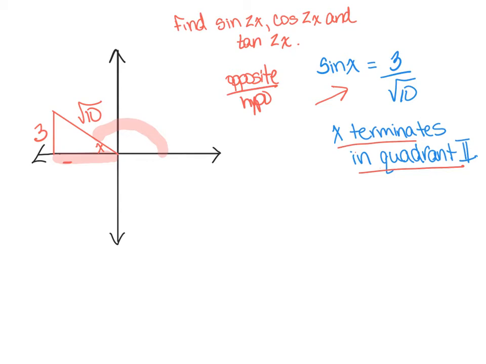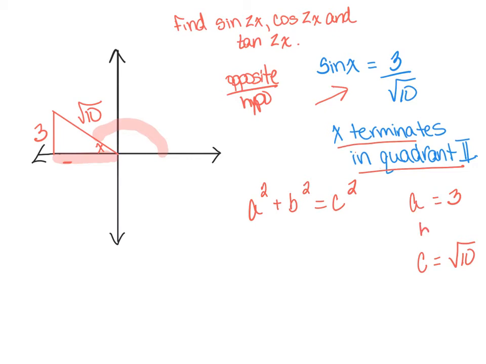Now, if you think about the Pythagorean theorem, we know that a squared plus b squared equals c squared. One of the sides of our triangle is 3, and the hypotenuse of the triangle is the square root of 10.